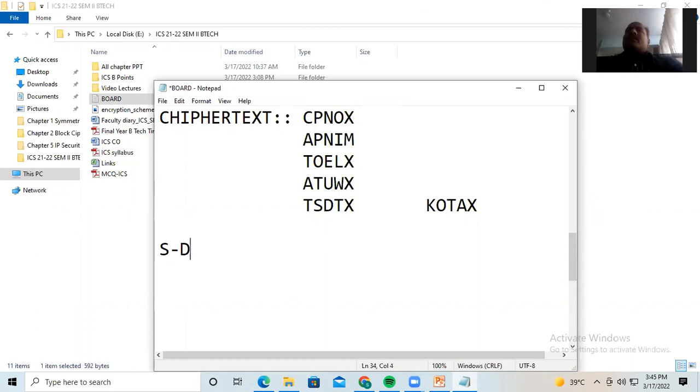S-DES is the first algorithm, and the second one is only DES.